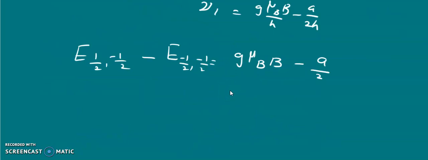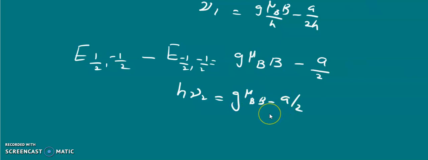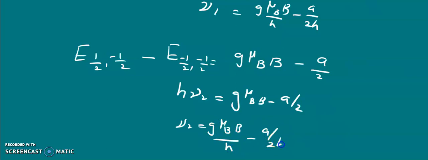So this has got a lesser energy than the first line, and the corresponding frequency is given by h nu 2, which is g mu B minus A by 2. So nu 2 is g mu B by h minus A by 2h.